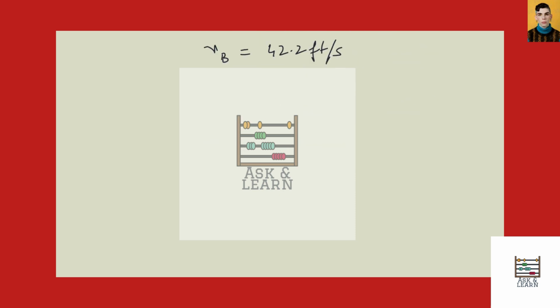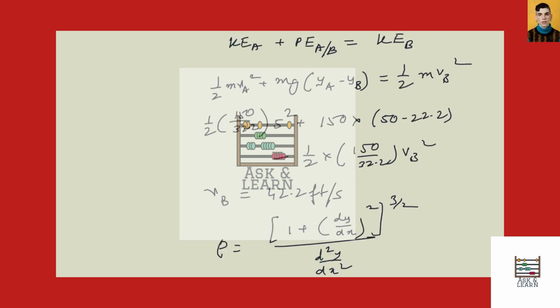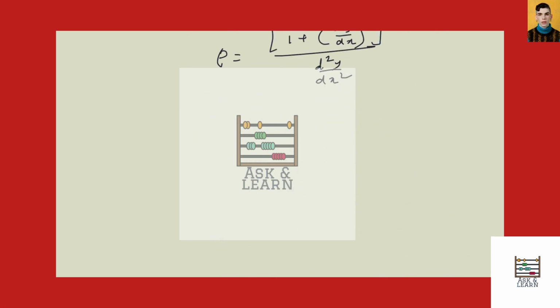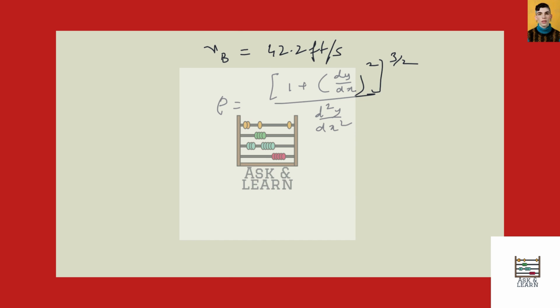Next, you have to take the expression for radius of curvature, rho, which is given by 1 plus dy dx squared to the power of 3 by 2, over d2y over dx square. So you just take the derivative of this equation and plug in the value of x to be 35 feet.